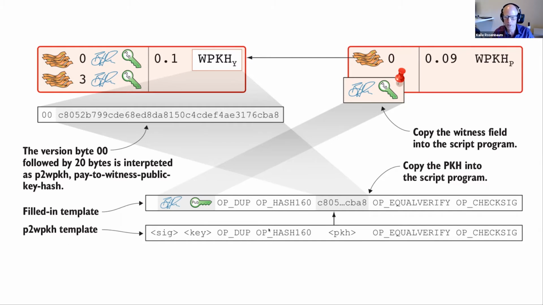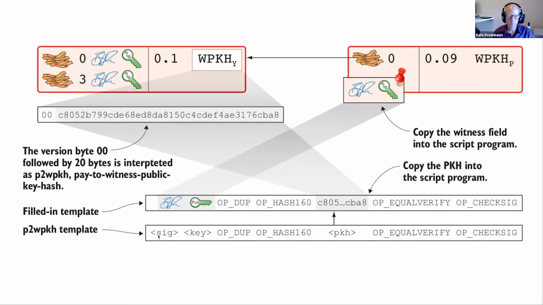And you might recognize this from the old-fashioned pay to public key hash transactions. It's the same script, basically. It is the same script, but in SegWit, this checksig operator is a bit changed. We'll come back to that later.